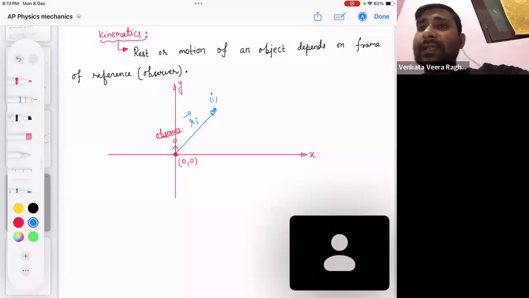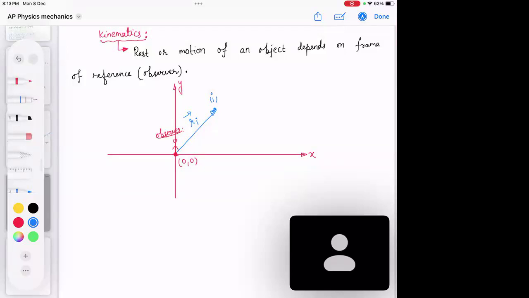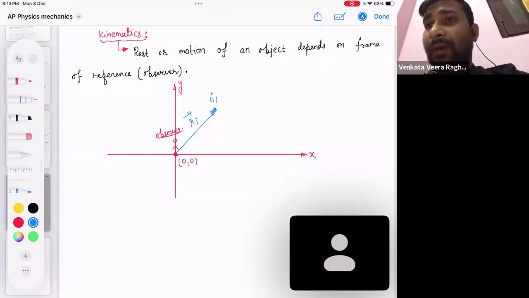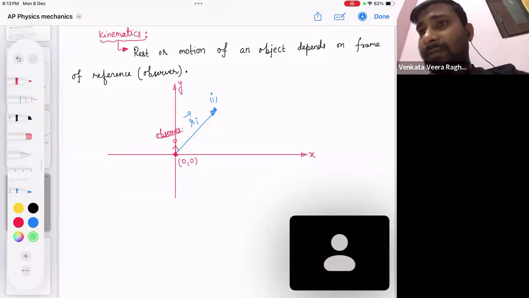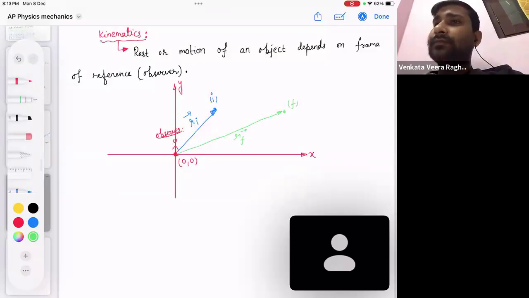What is this Ri? Position vector. This vector represents the position of the particle. Let's say after some time the particle goes from here to here. So the new position vector will come. Let's call this Rf.